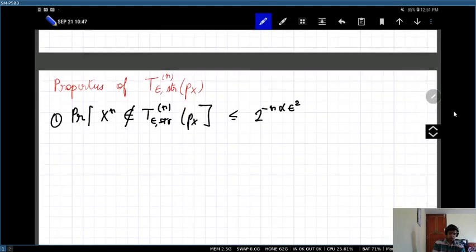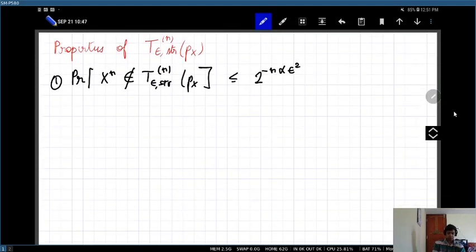All right. So let's see what the properties of these typical sets are and how they're useful in the context of our fixed length compression problem. So the first property is that the strongly typical set is a high probability set, and in particular you can easily show that the probability that xn, a random sequence, is not in the strongly typical set decays exponentially with n.